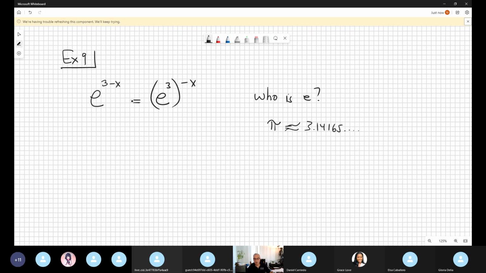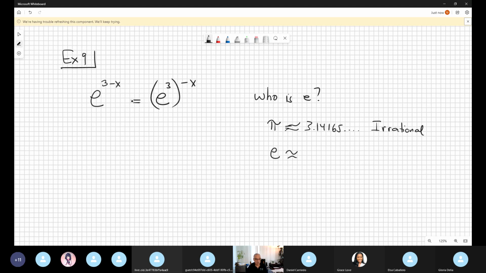This is irrational. An irrational number contains infinitely many non-repeating decimal digits, so there is no possibility to express it as a fraction. This is the idea behind irrational. And E is another example of an irrational number.